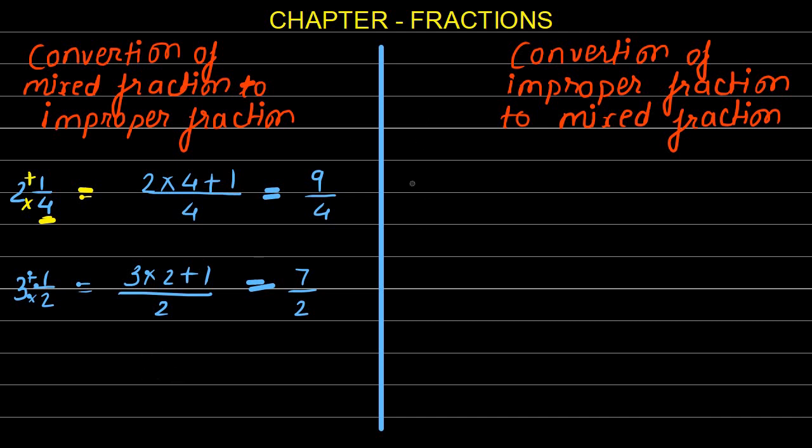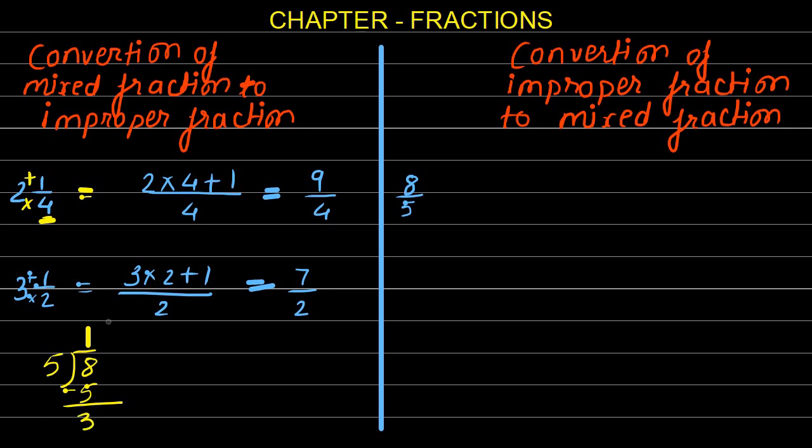Now let's see the opposite. That is the conversion of an improper fraction into a mixed fraction. Let's take an example like 8 by 5. To convert this we need to divide 8 by 5. 5 times 1 is 5. 8 minus 5 is 3.